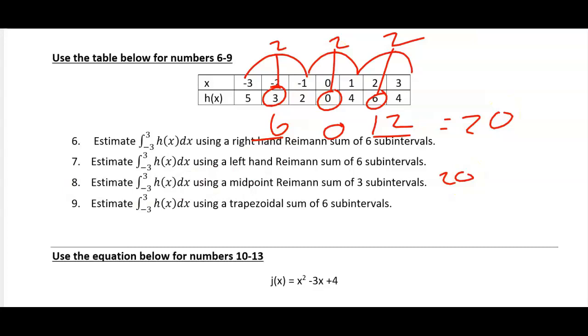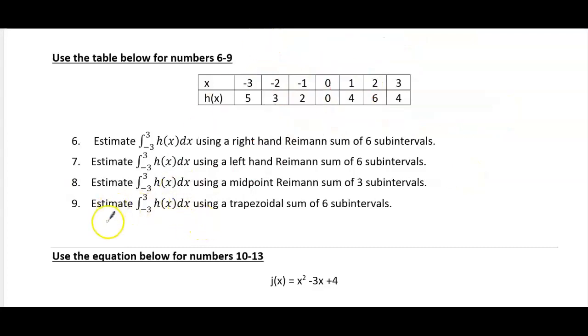Okay, let's go ahead and take a look at one more problem here. Let's go ahead and do another estimate of the area under the curve, but this time with a trapezoidal sum. So with trapezoids, this distance now is going to represent the heights of the trapezoids. And each pair represents a pair of bases.